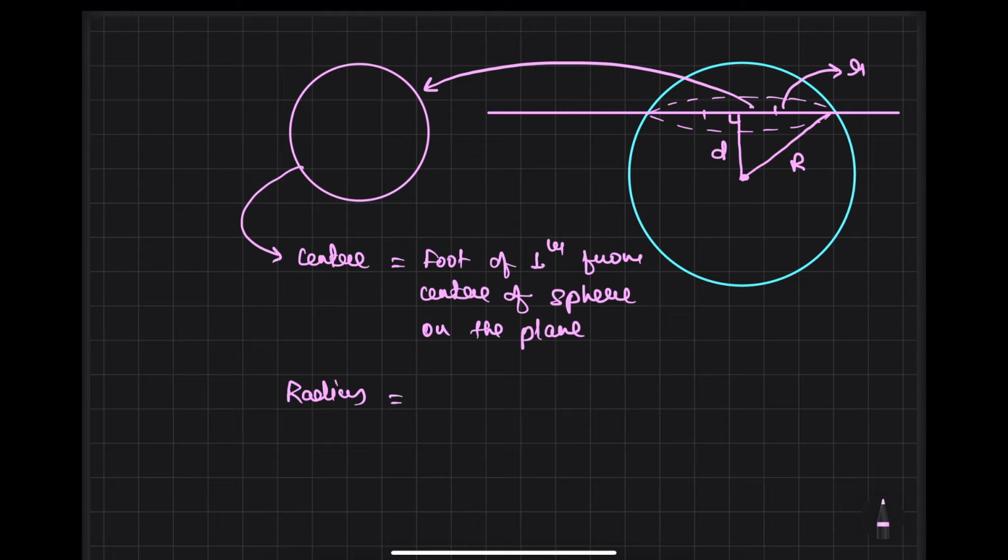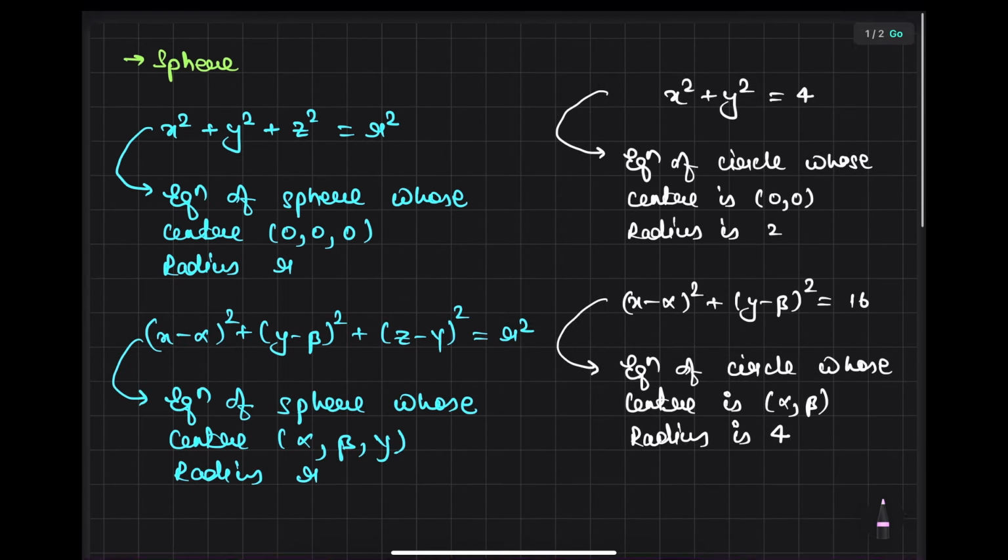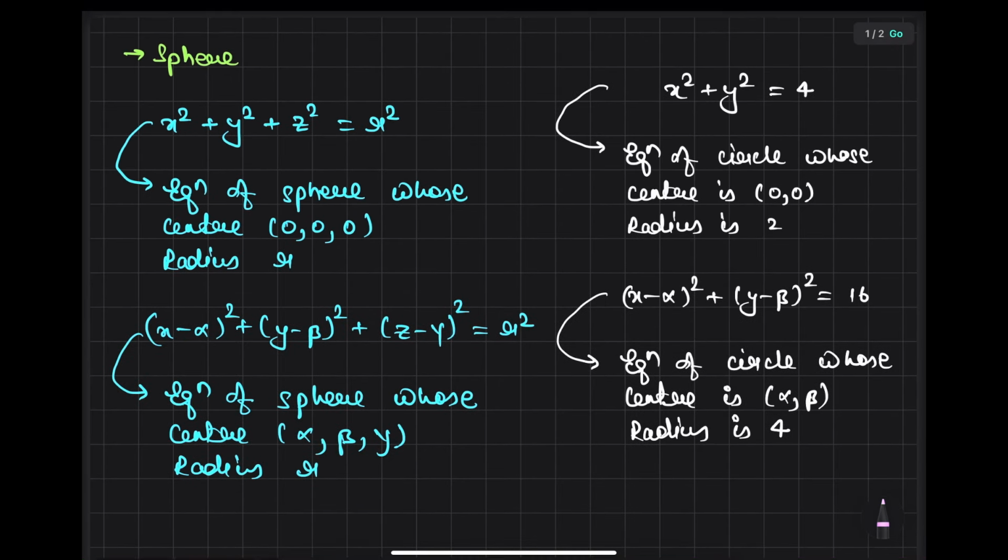And for the radius of the circle, we will use the Pythagoras theorem with the distance from the center of the sphere to the plane and the radius of the sphere, and we are done. I hope the idea is clear, and whenever you find questions from the sphere part, you guys can handle them accordingly.